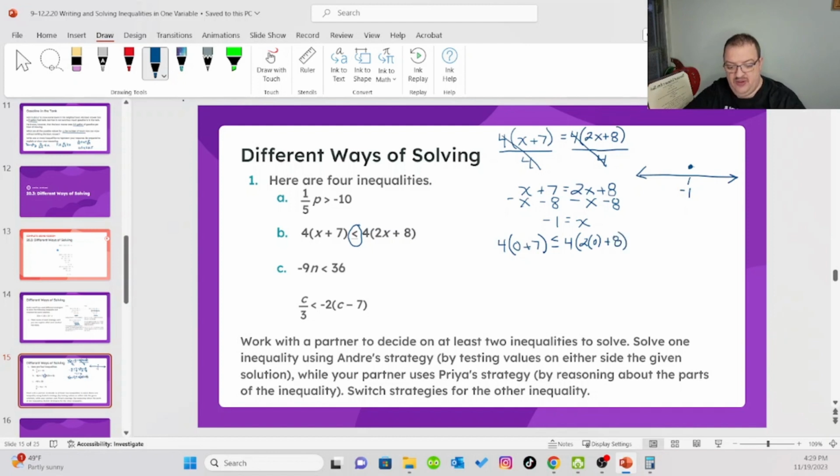Anything plus 0 is itself, so this becomes 4 times 7. 2 times 0 is 0. 0 plus 8 is 8. 4 times 7 is 28. 4 times 8 is 32. 28 is less than 32. Therefore, I draw my line in the direction of 0.